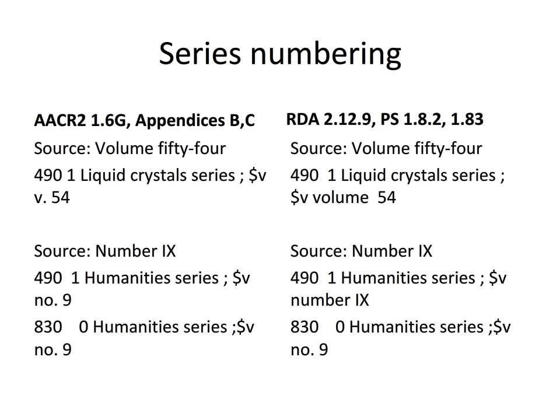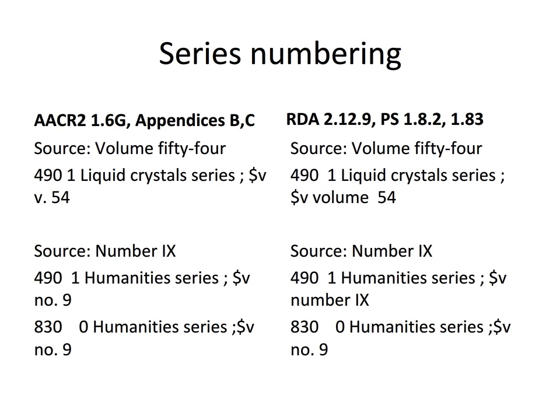AACR2 tells us to abbreviate words and numerals, as in appendices B and C for series. RDA tells us to transcribe the words we see, and the LC-PCC PS tells us that this means Roman numerals also. So in the 490 field, a transcription field, we transcribe pretty much what we see.